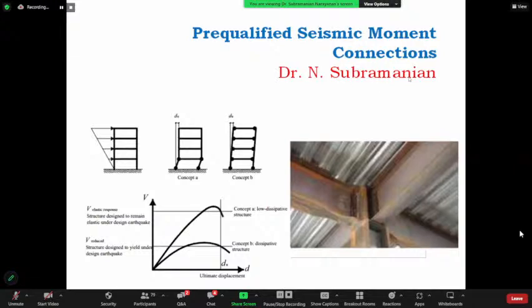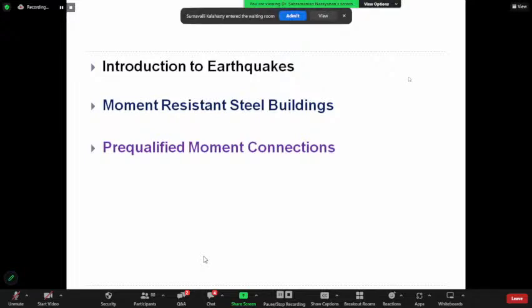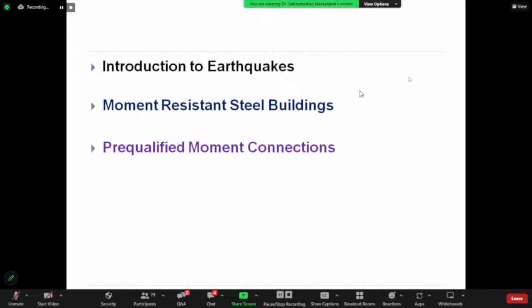It is prequalified. I am going to present it in three topics: introduction to earthquakes, moment-resistant steel buildings, and prequalified moment connections.